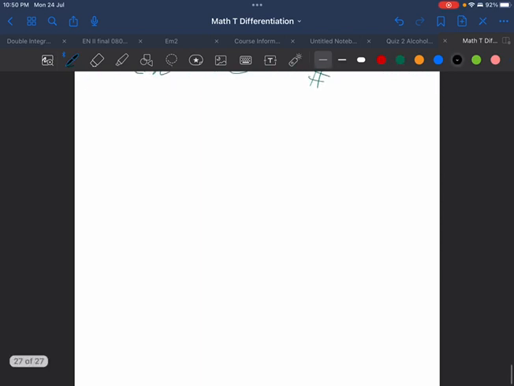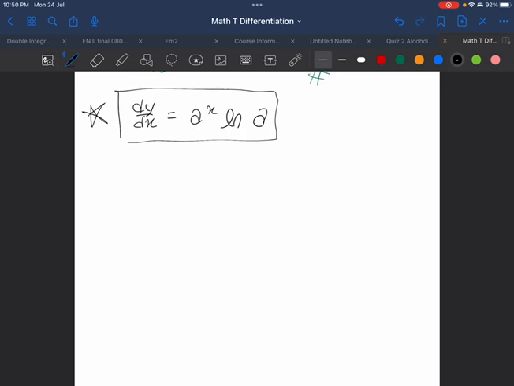Right. So the last theory is much important, but because in STPM this period they're quite famous, they're quite popular to ask students about dy dx equals a^x ln a. These terms are very tricky, I can say.